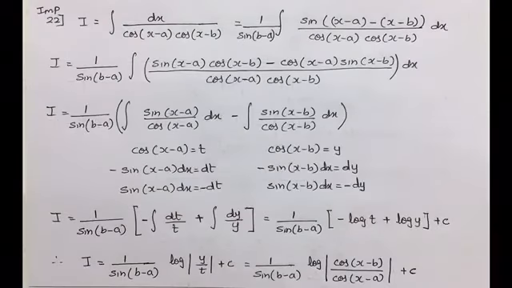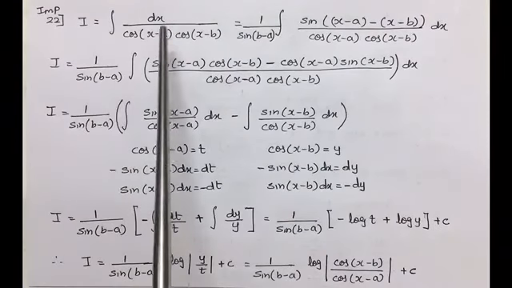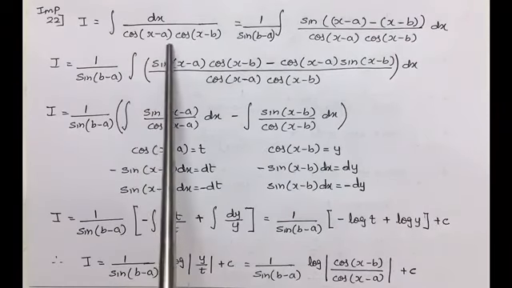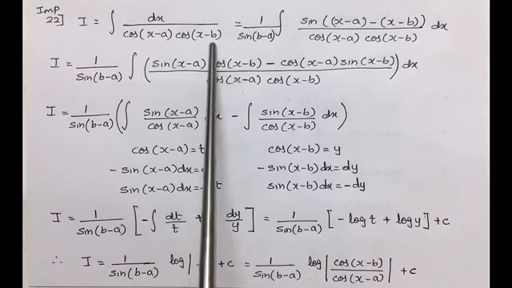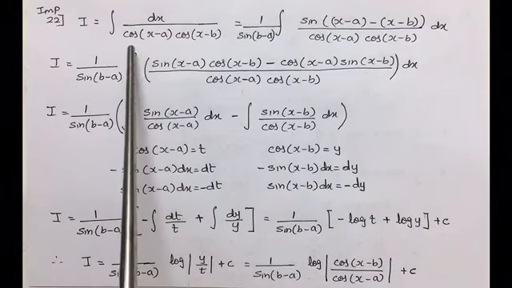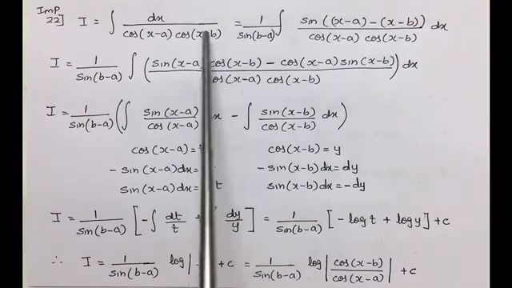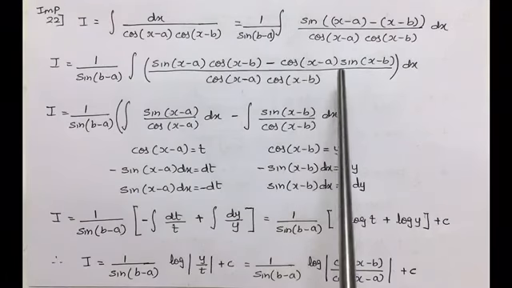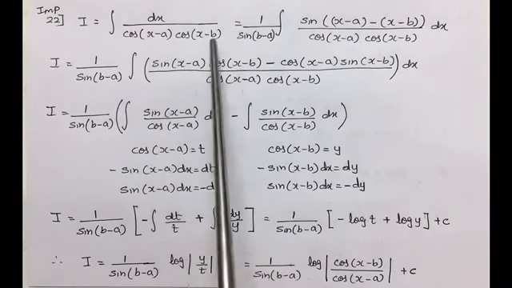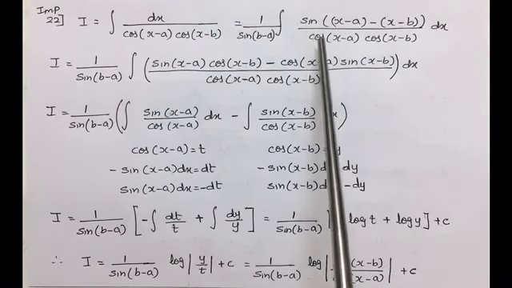22nd example is I is equal to integration dx upon (cos x minus a)(cos x minus b). Now here we are not going to make use of the 2cc formula, but the very first step is very important. Whatever is given in the bracket is being adjusted taking sin up.